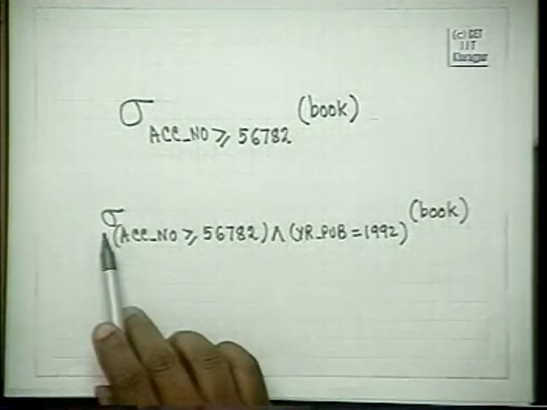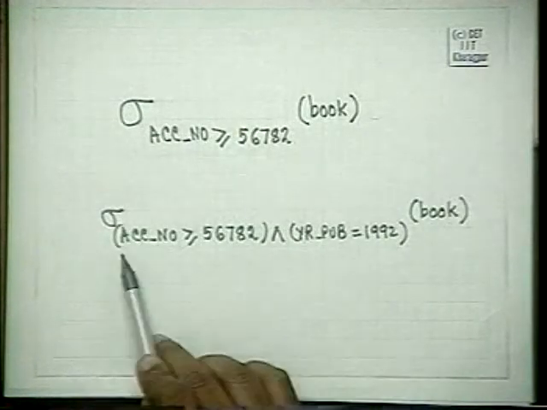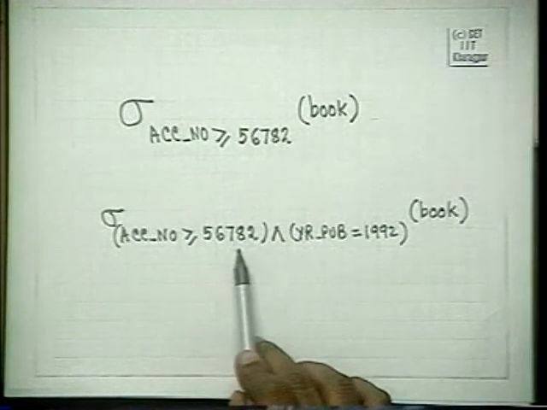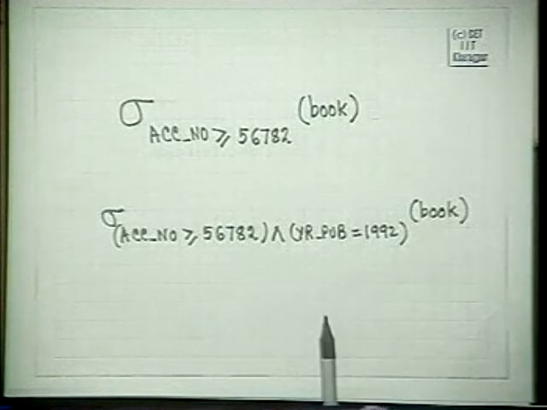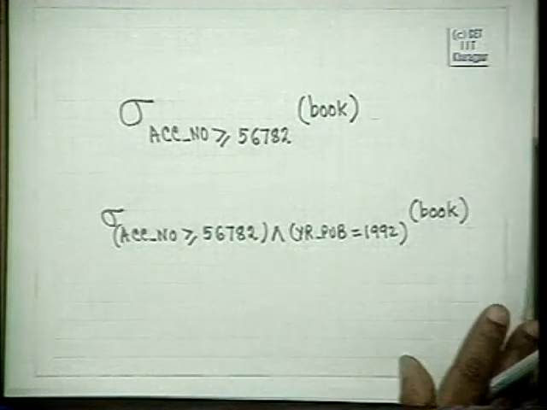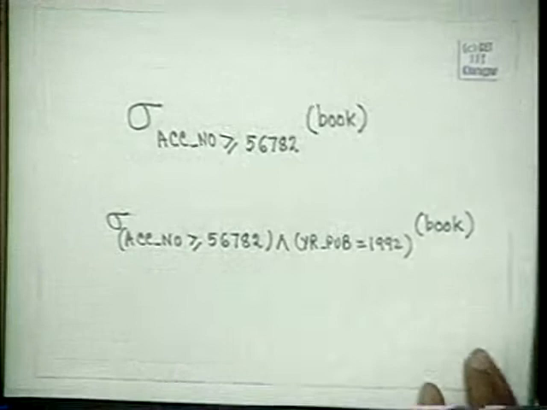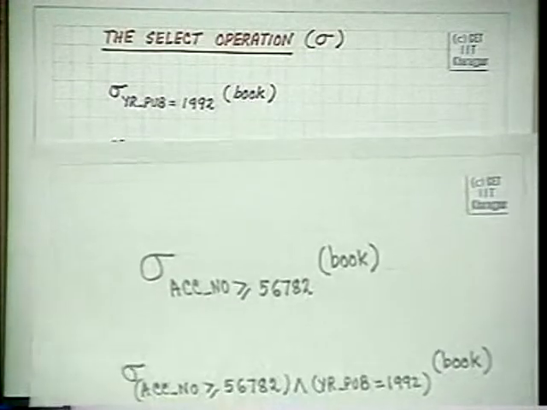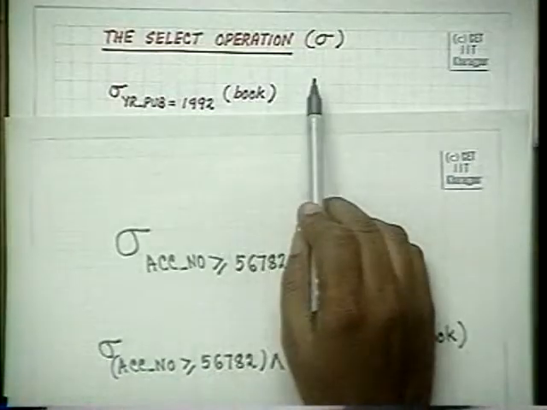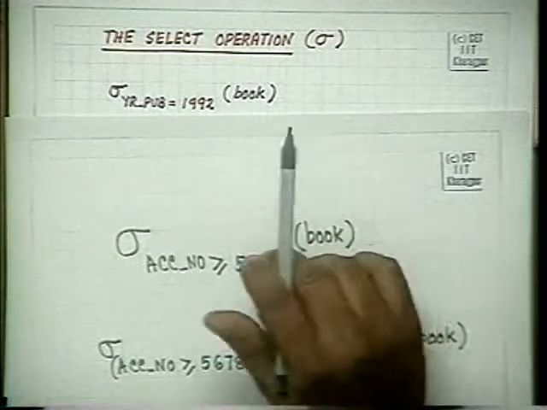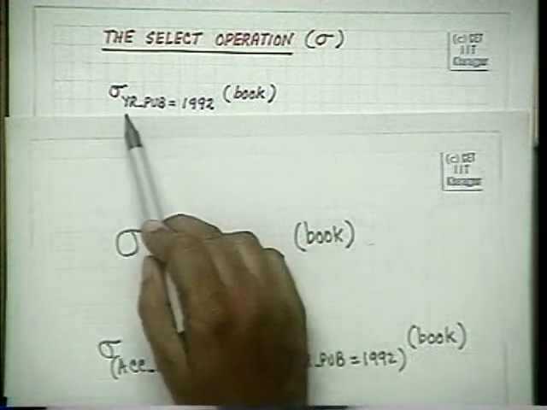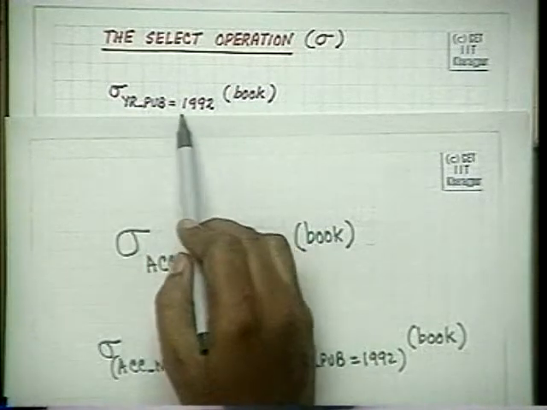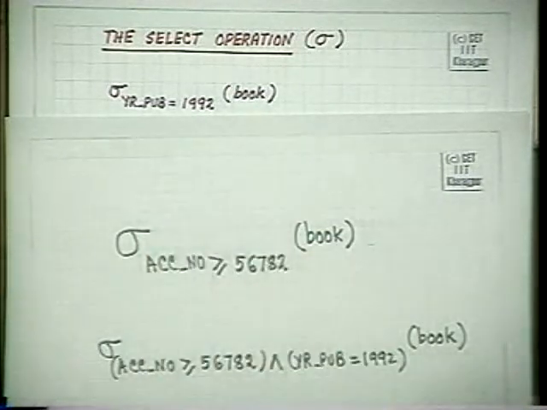This will select all books whose accession number is greater than equal to 56782 and year of publication is equal to 1992. So a select operation is a unary operation which returns a relation having the same attributes as the argument relation, and only those tuples which satisfy the particular condition which is expressed here.